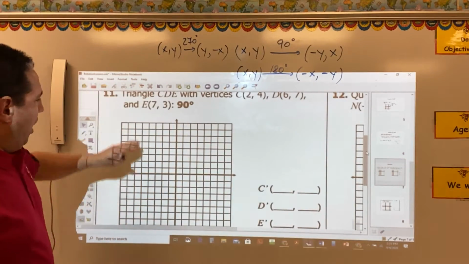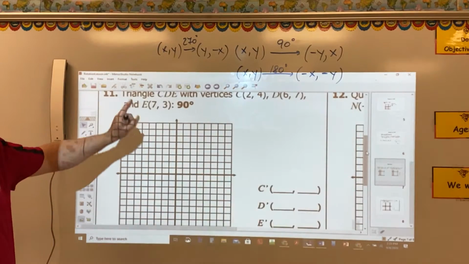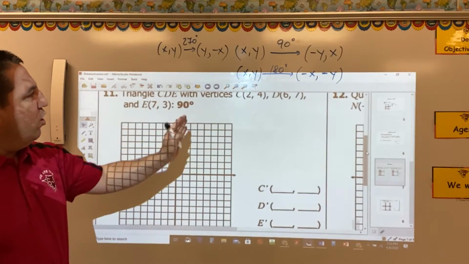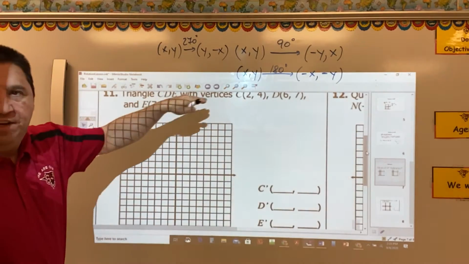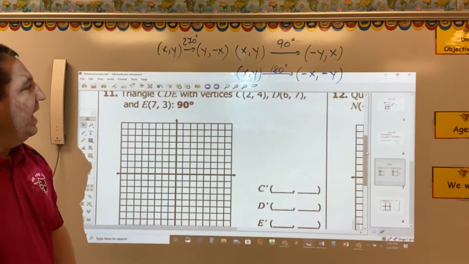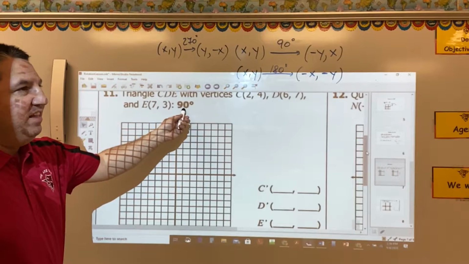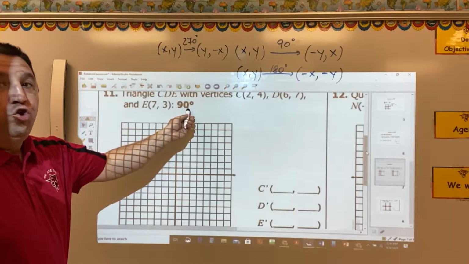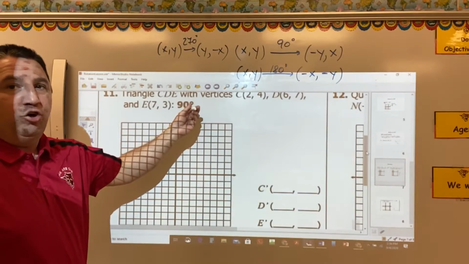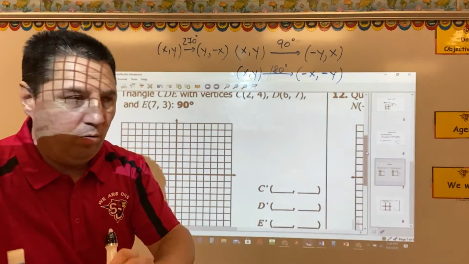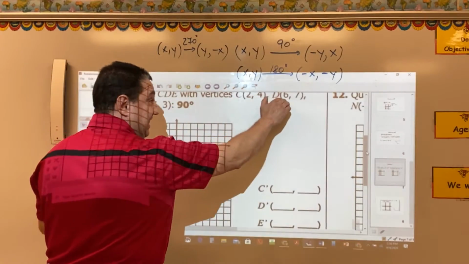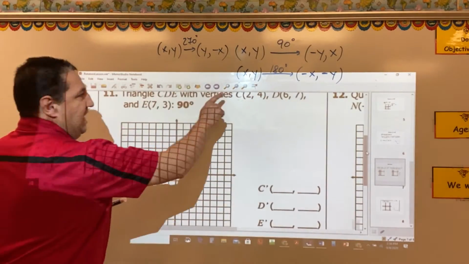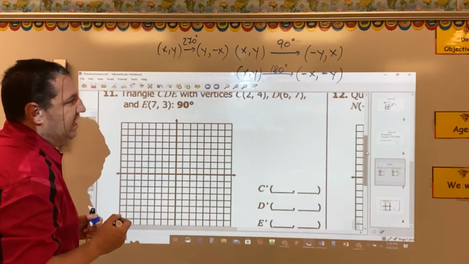So, in this example, we have a triangle CDE with vertices C, D, and E whose coordinates are given. And we have to find the new coordinates after a rotation of 90 degrees. How? First, let's plot the given points. C has coordinates 2 and 4.